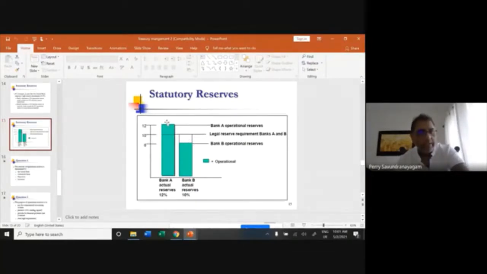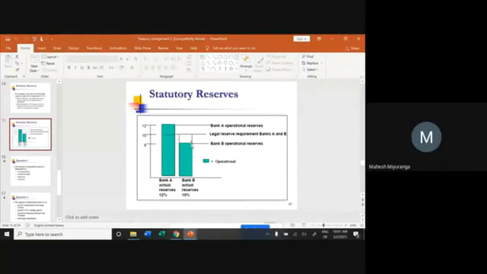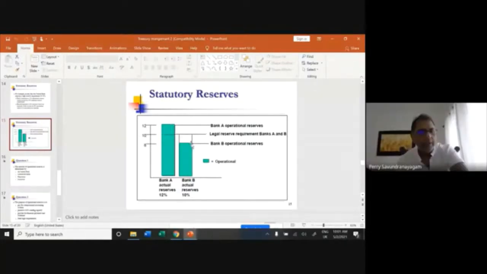Meaning that bank A has to maintain above the legal reserve as well. So instead of maintaining 10%, they maintain 12%. Bank B has to maintain only 8%. But because the legal requirement is 10%, whether their operational requirement is 8, they can't help it. They have to maintain 10.